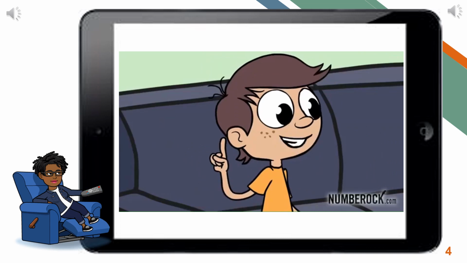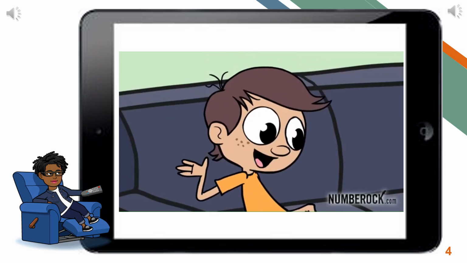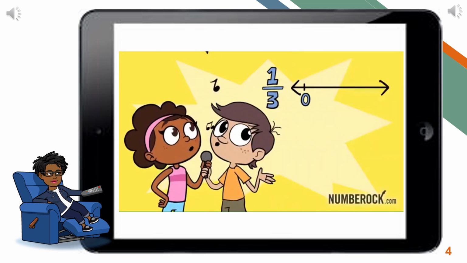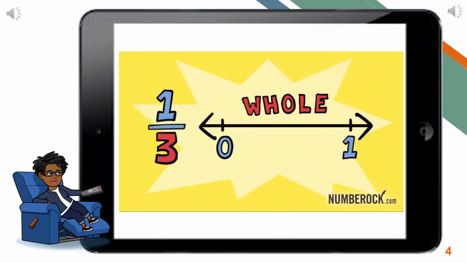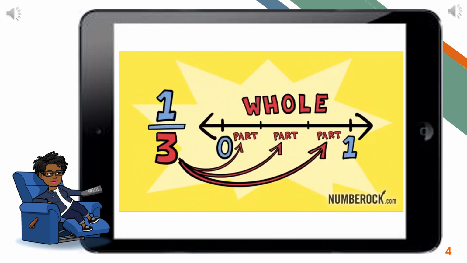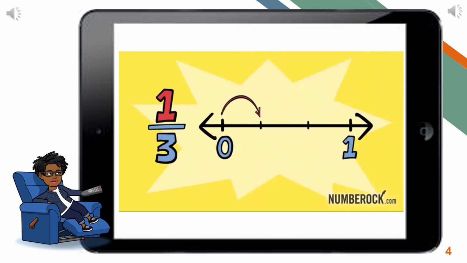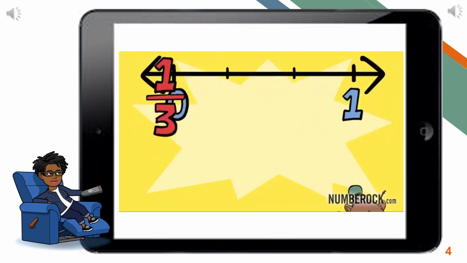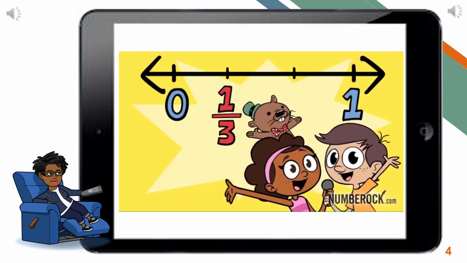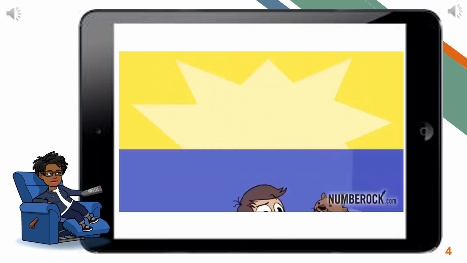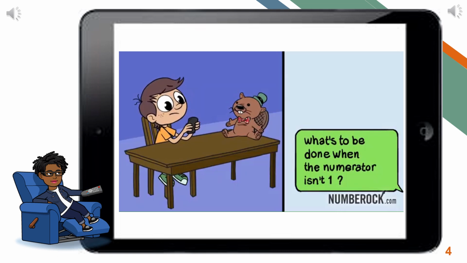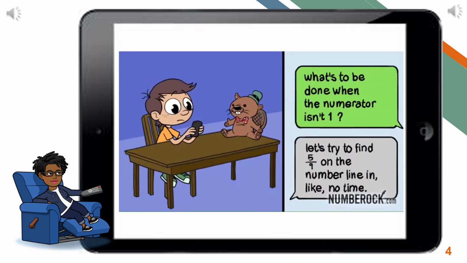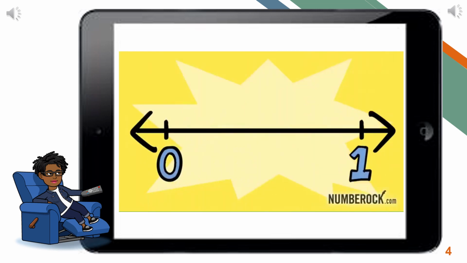I said first draw a line with 2 arrows, and hey, I know a cool tune, here's how it goes. Then I texted my friend, what's to be done when the numerator isn't 1? She said, Let's try to find 5/9 on the number line in like no time. Simply partition 9 parts from 0 to 1.